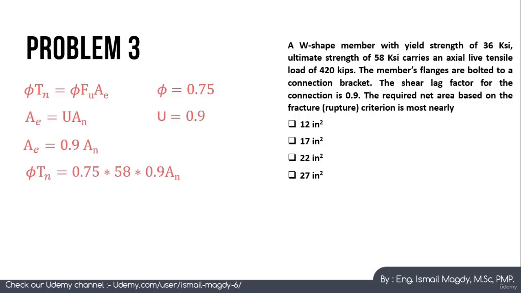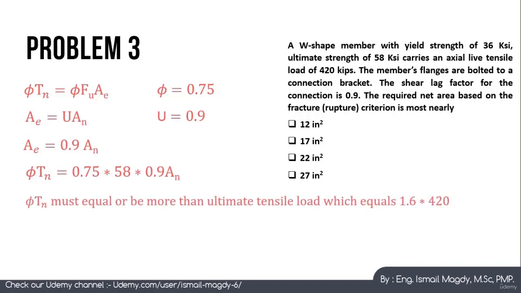But you need to take care that this is an axial live tensile load. This is not the ultimate load, which means that you need to calculate the ultimate load based on this live load, which is going to equal 1.6 multiplied by 420. So this means that 1.6 multiplied by 420 equals 0.75 multiplied by 58 multiplied by 0.9 A net.